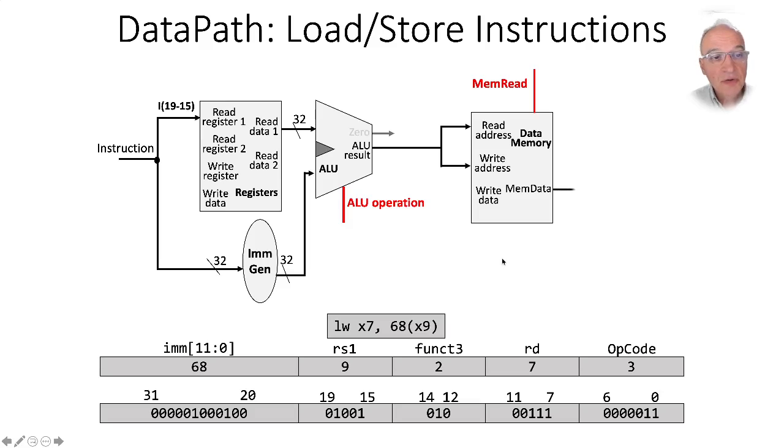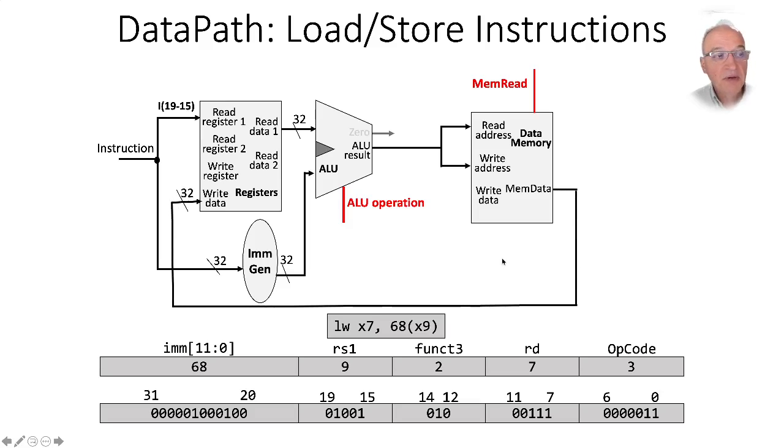So I need to take the data that the memory produces and bring it all the way back to the write data entry of my register file, and specify to the register file that I want to write into the register whose number is given by bits 7 to 11 of the binary representation of my instruction. And of course, I then need to tell the register file that this is a write operation. So this is how I process a load instruction.